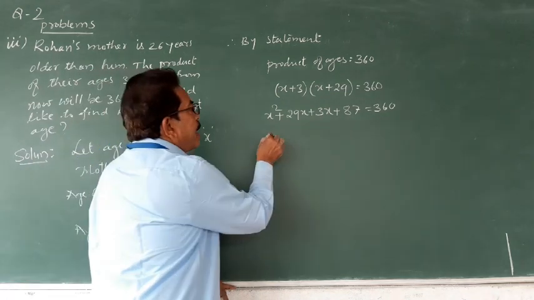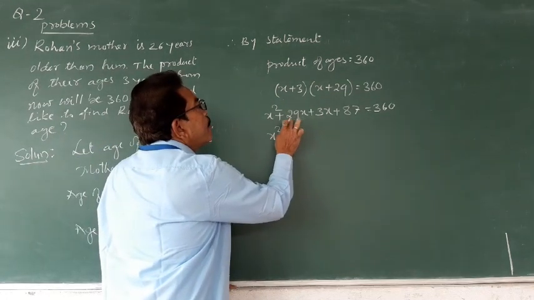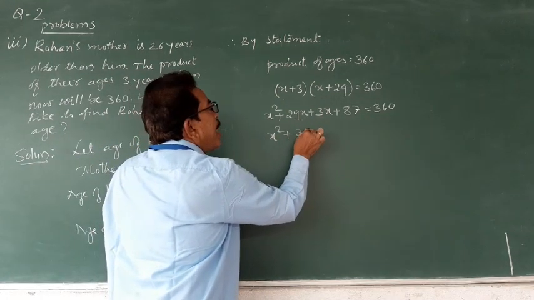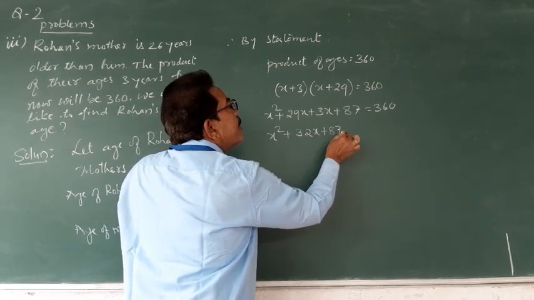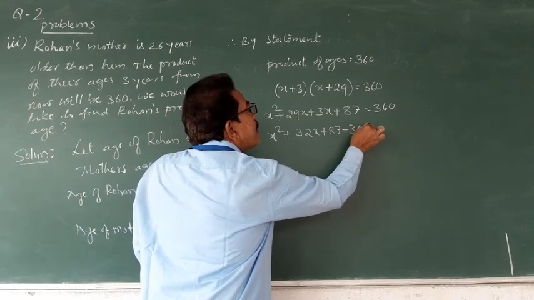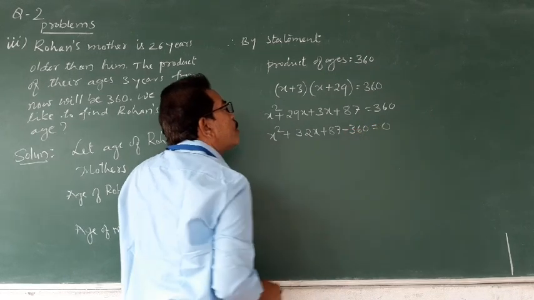Now x square plus 32x plus 87 minus 360 equals 0.